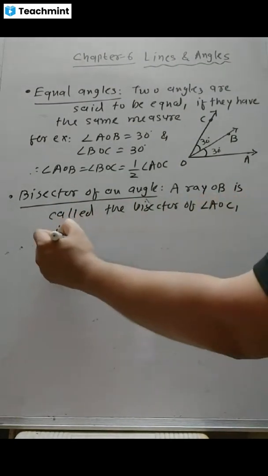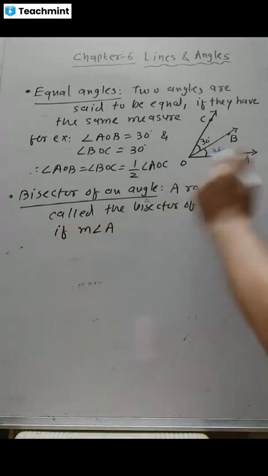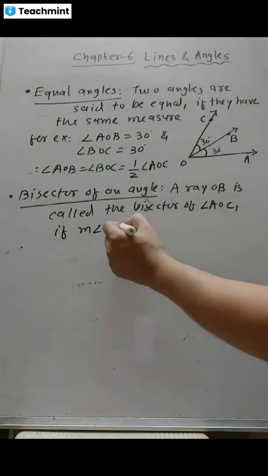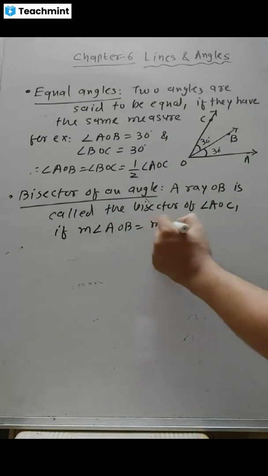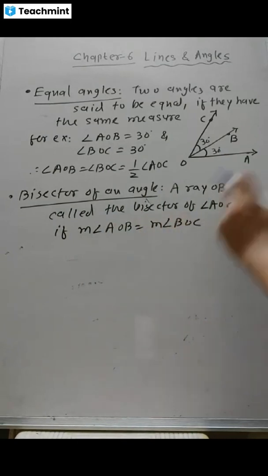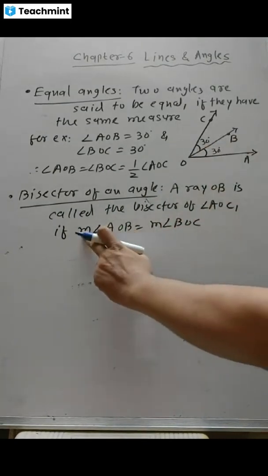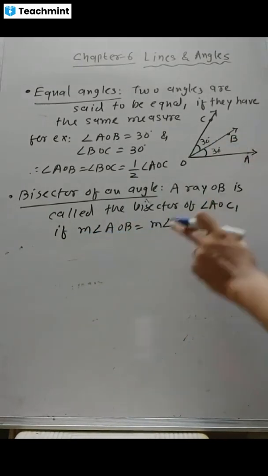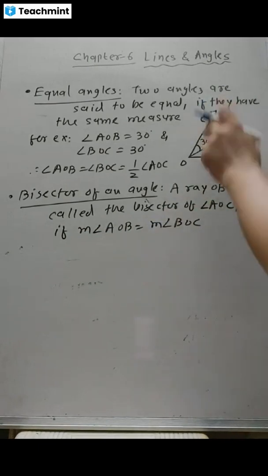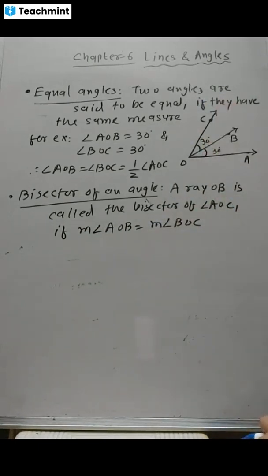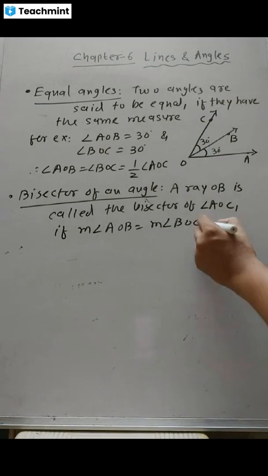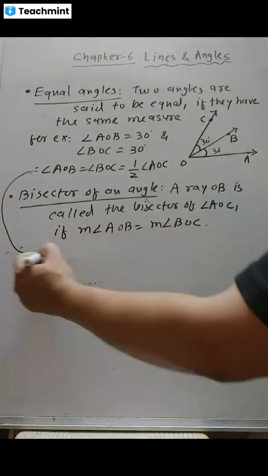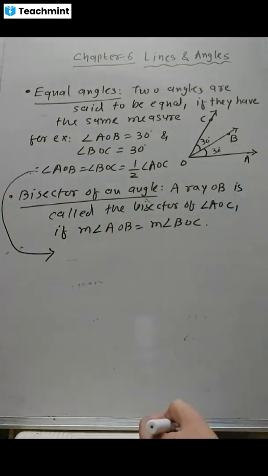If measure of angle AOB, M means measure, measure of angle AOB, that is 30, is the same as measure of angle BOC, we write it in the same way for the bisector of an angle.